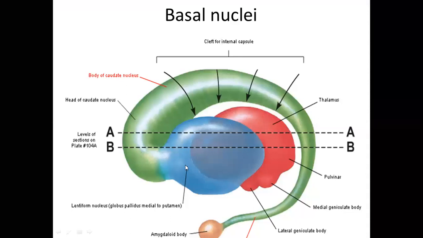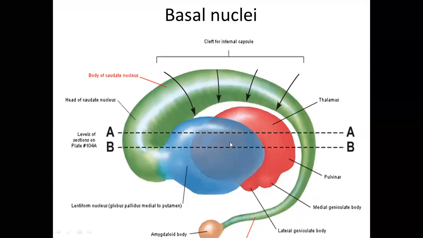We are not going into more depth because you will get short notes in embryology and some parts of neuroanatomy. So I'm explaining to you very briefly the gray matter. The gray matter of cerebrum is the collection of neuron cell bodies, and it is in the form of various nuclei. These nuclei are known as basal nuclei.